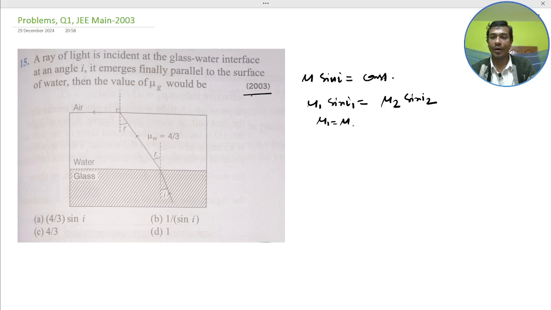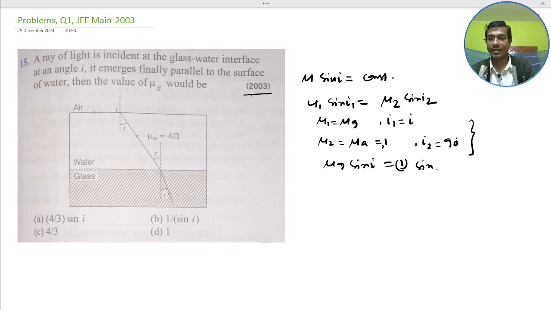Given mu 1 is mu g, I1 is I, mu 2 is mu air, which is 1, and I2 is 90 degrees. So mu g sin I is equal to 1 times sin 90. So mu g would become 1 by sin I. So 1 by sin I, B, would be the correct answer.